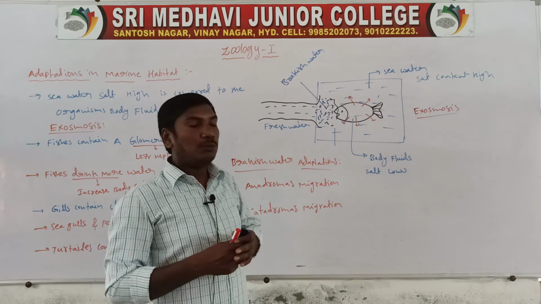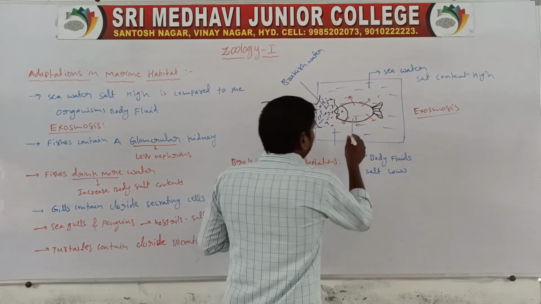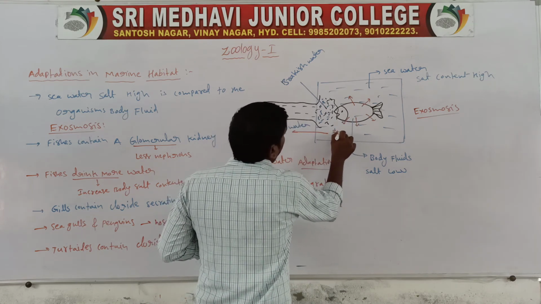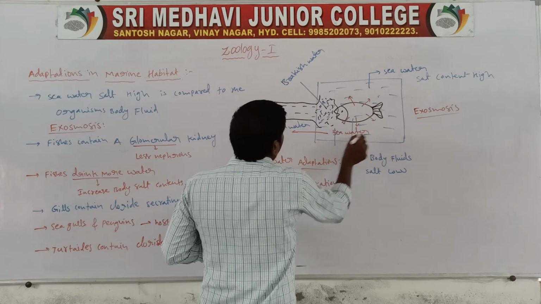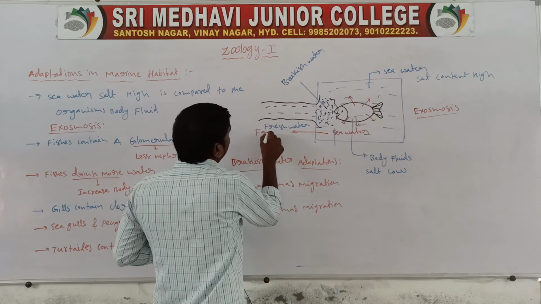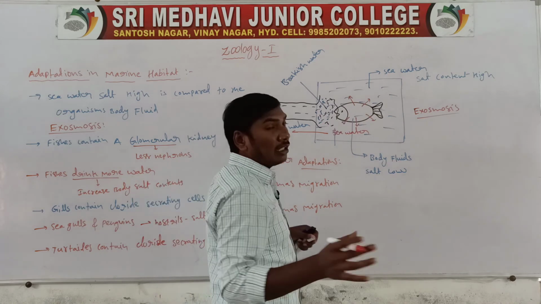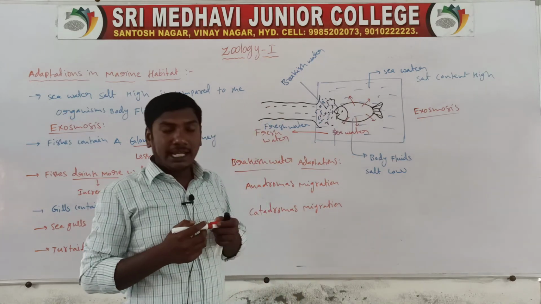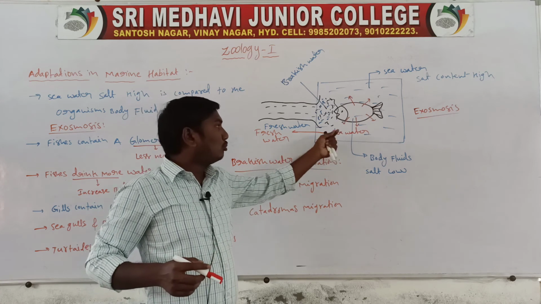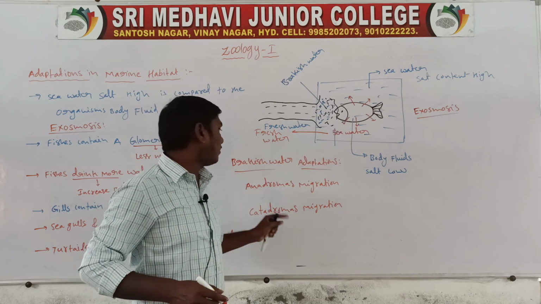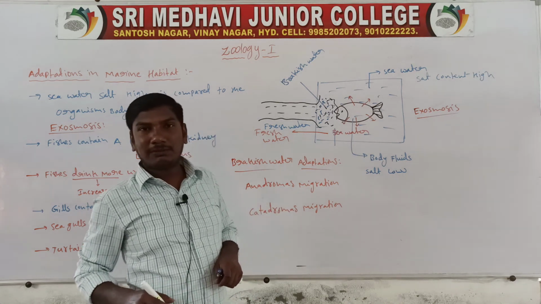In anadromous migration, the fishes move from sea water to fresh water for the purpose of breeding. This type of migration is called anadromous migration.